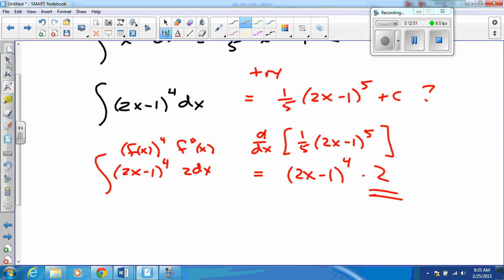And then, according to the chain rule, that would be exactly the derivative of 1/5 of f of x to the 5th. Does everybody see what I'm saying? But I didn't have that. I was missing it.